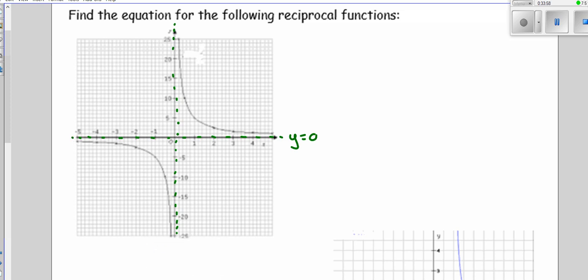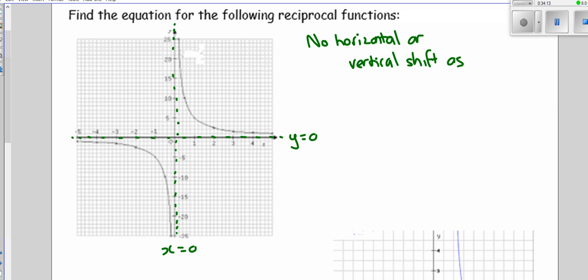So no horizontal or vertical shift as asymptotes are x equals 0, y equals 0. So it's just going to be part of the general function.